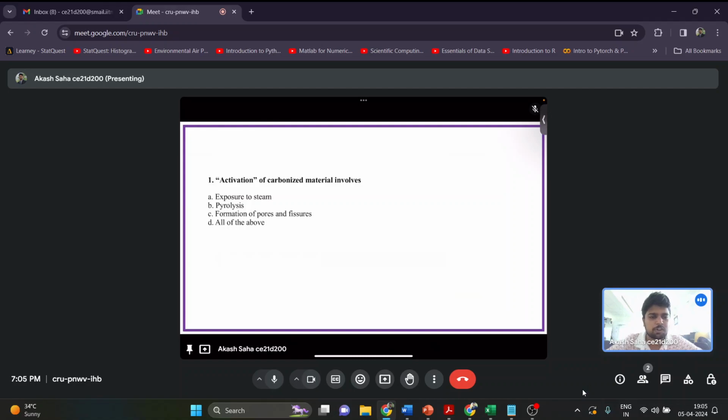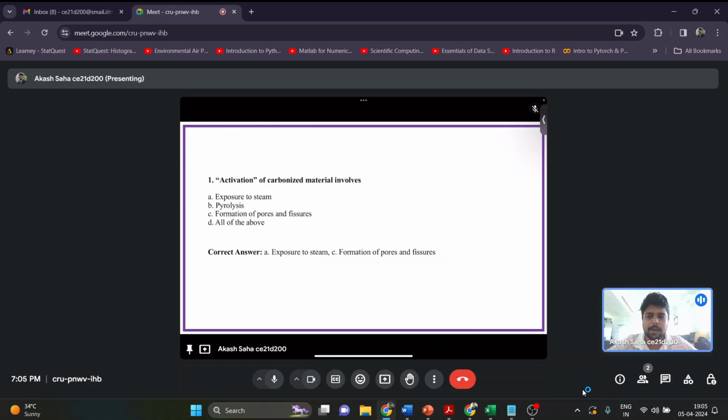And after that, it is followed by the formation of pores and fissures, which increases the surface area. So option C is also correct. Option B and D are not the answer for this question. So the correct answer is option A, exposure to the steam, and C, the formation of pores and fissures, which is followed by the exposure.